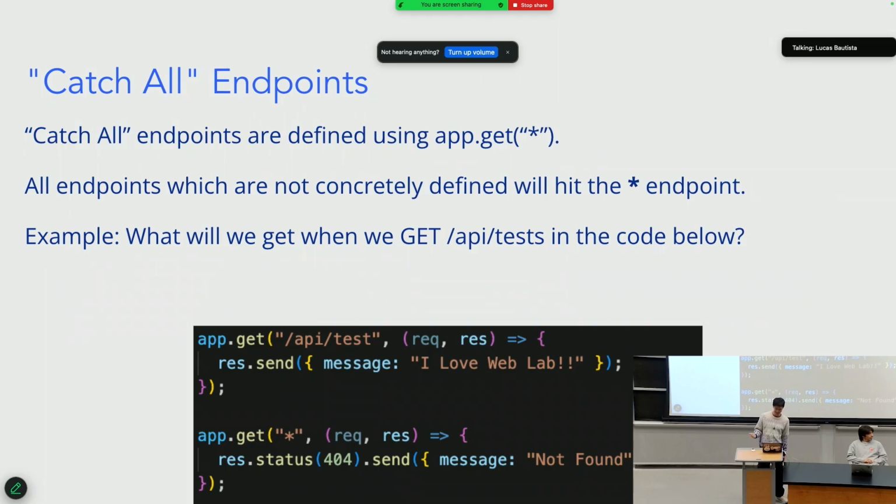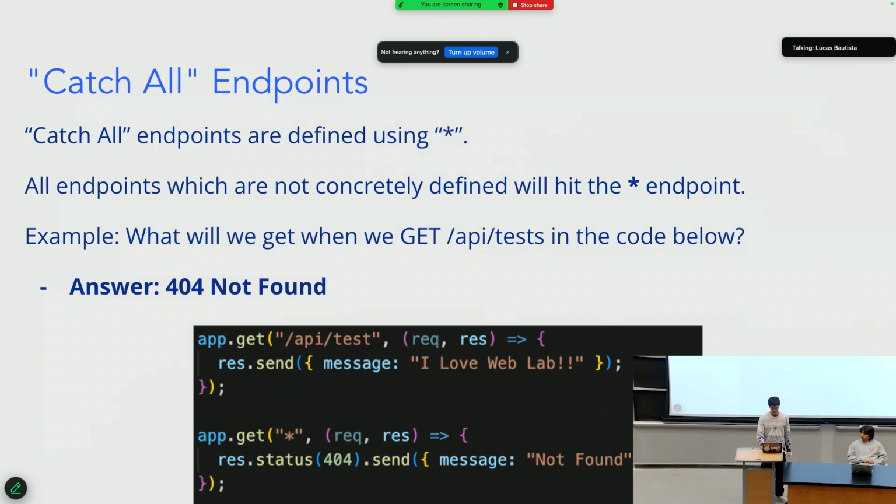So here we get back 404 because we used the wrong endpoint. It'll miss the /API/test endpoint, and then it'll hit the catch-all endpoint, which is defined to catch anything that is not already caught by things that we already defined. So we'll get this 404 not found error. Cool. Any questions there?